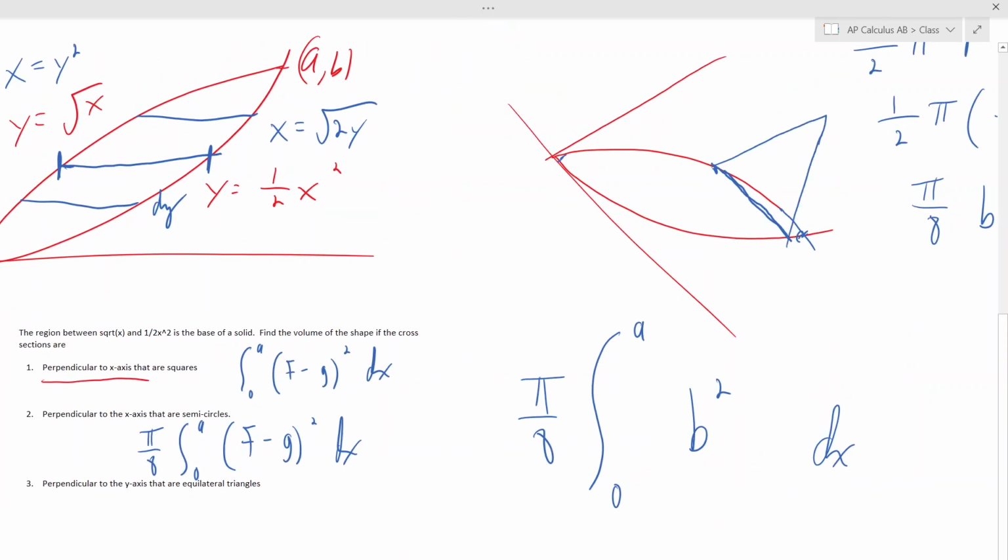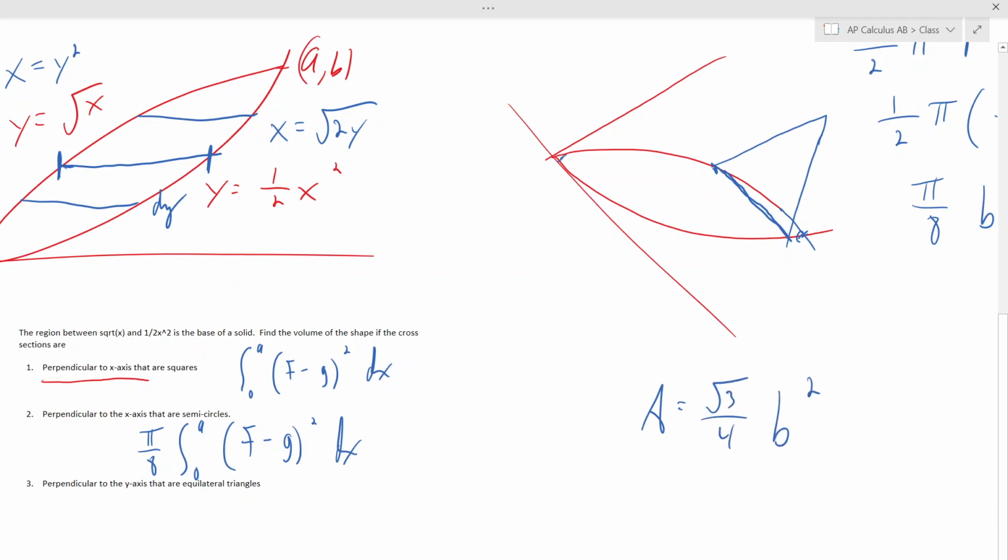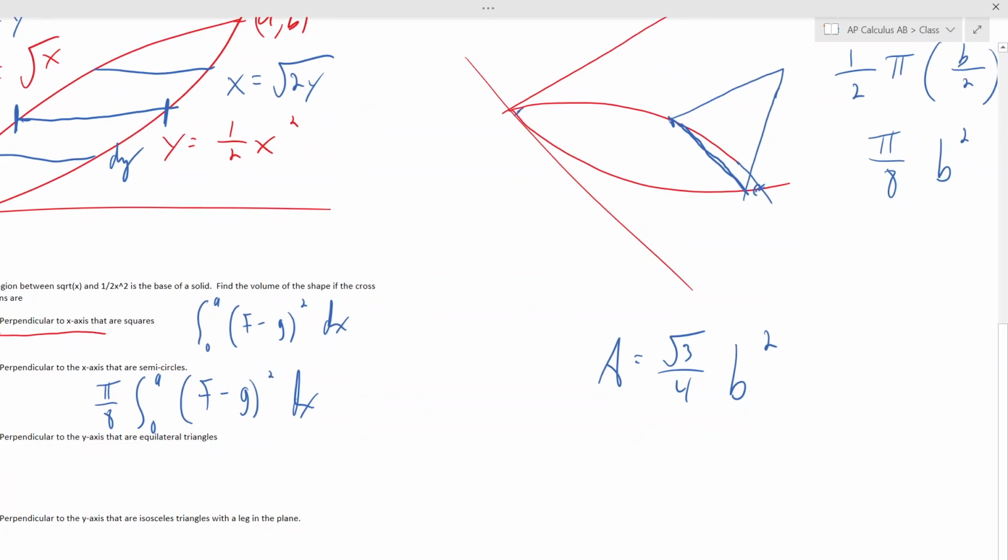Like that. Okay? And it turns out, if you don't know this, the area of an equilateral triangle is root 3 over 4 times the bottom squared. That comes from trigonometry: the root 3 over 2 is sine of 60, which is root 3 over 2. It's not magic. I can show it to you, but that's the area of an equilateral triangle.